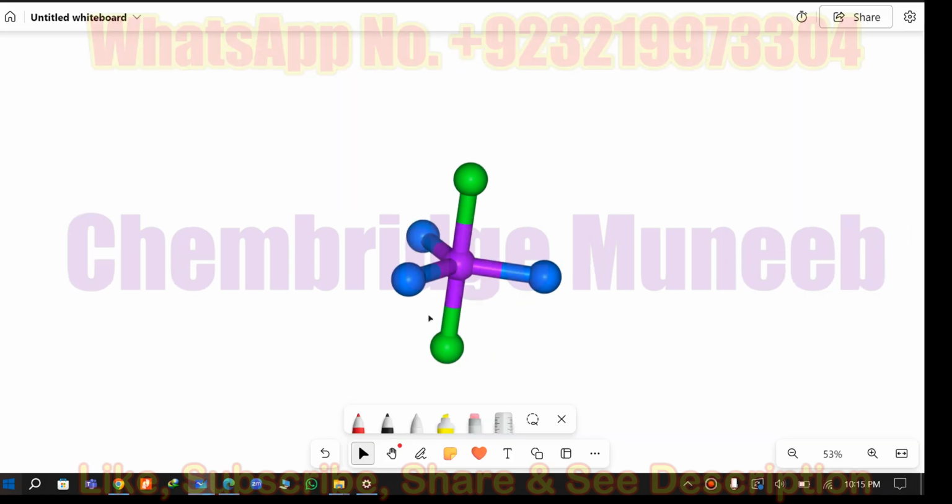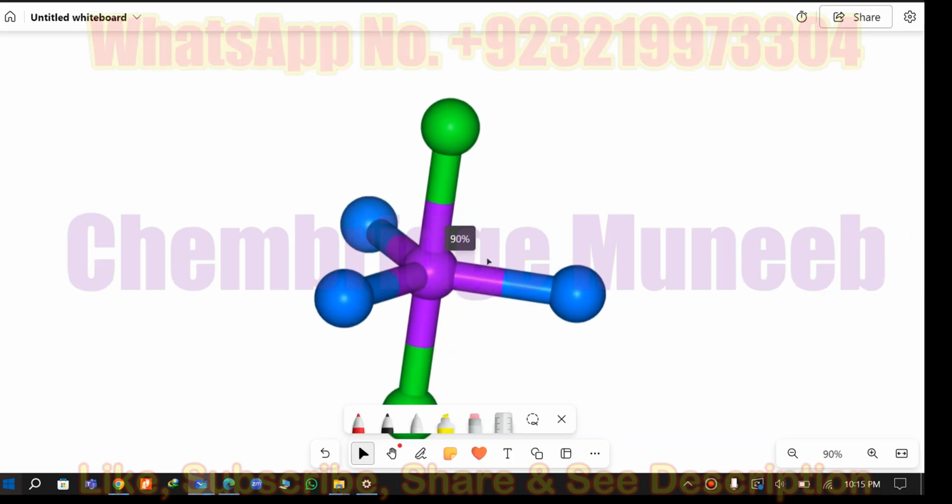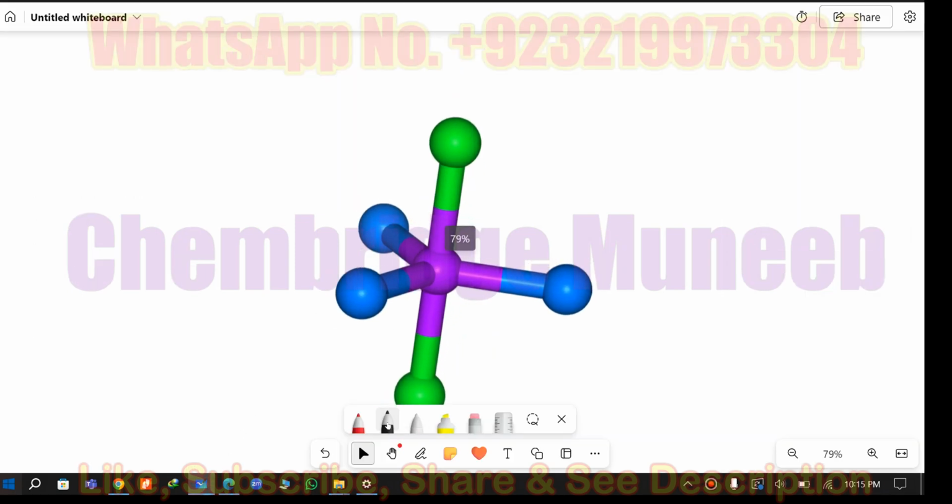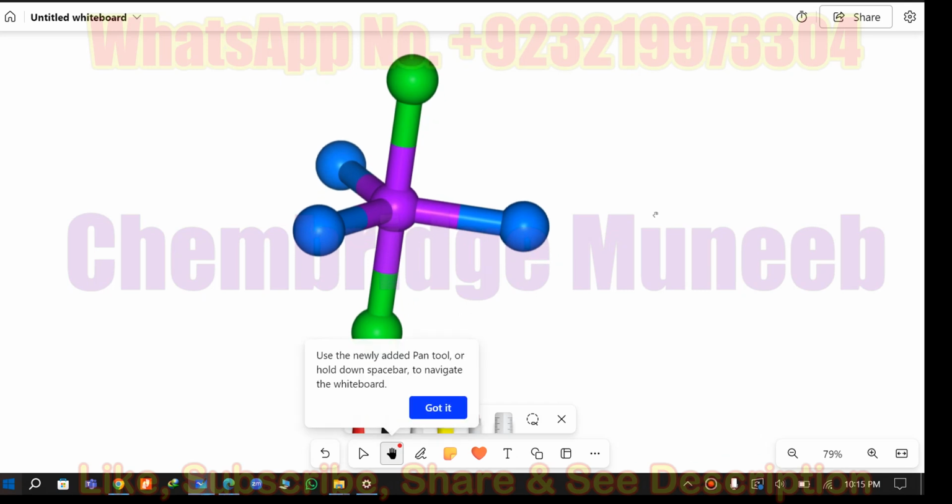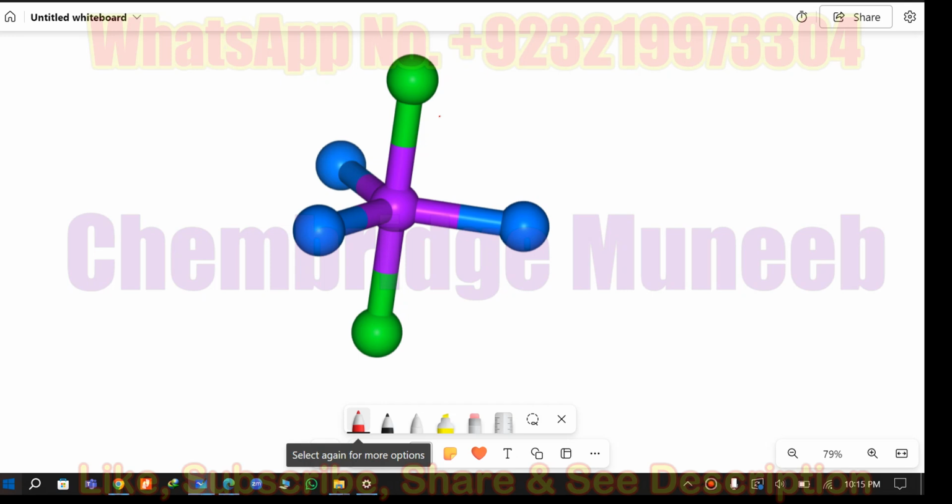So I'm going to write the angles here. According to the statement, the question said that the angle of 180 degrees will be ignored. So this angle will be ignored, and it means we need to consider another angle.